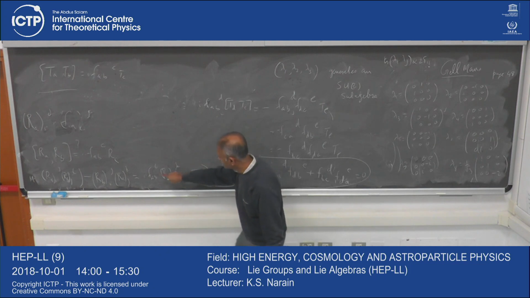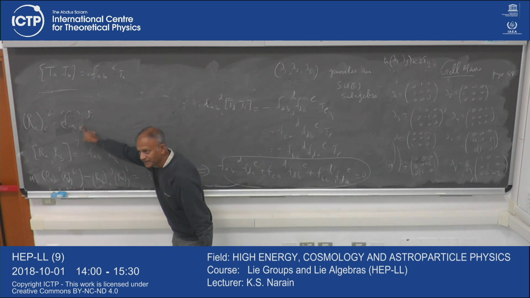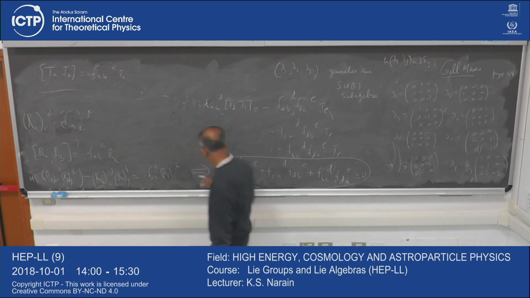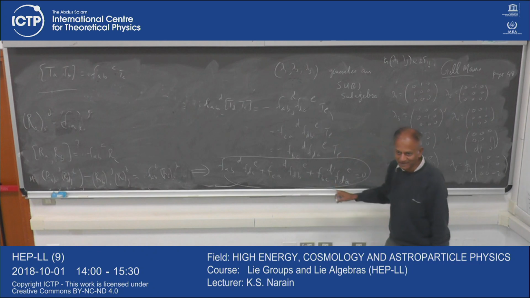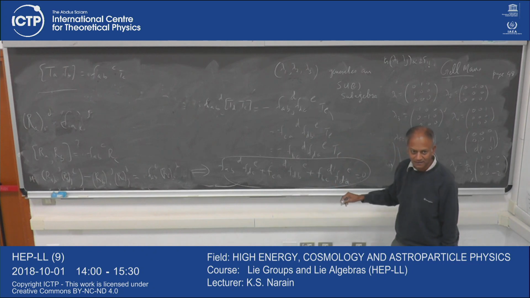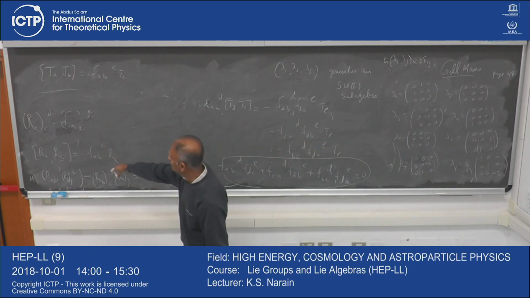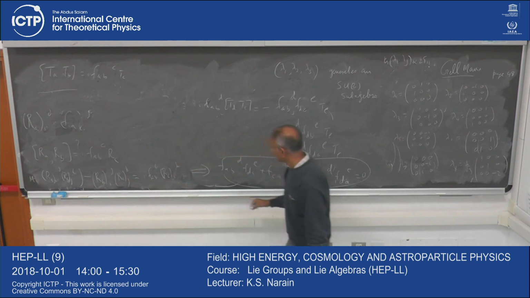Now, all of these are replaced by these F's. Then you see each term is quadratic in F, and it should be exactly this Jacobi identity. So please check it, because if I have to do it on the blackboard, it will take me a long time. Okay, so just check it.